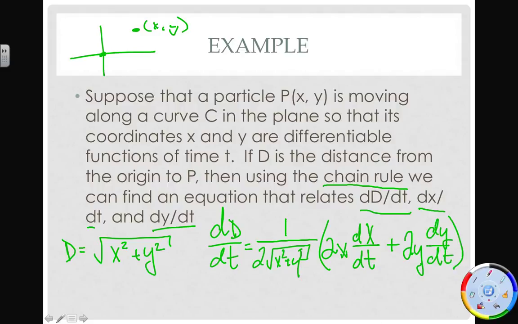It's kind of like what we did with implicit differentiation where we had a y prime. The only reason we didn't do it with x was because we were taking the derivative with respect to x. But now everything we're doing is with respect to time.